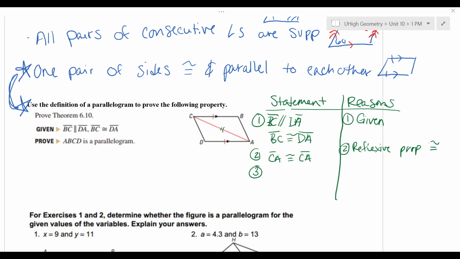So thinking about how can we do that? Well, we want to think about what are the ways that we can prove lines parallel. So we're thinking about the converse of those theorems.